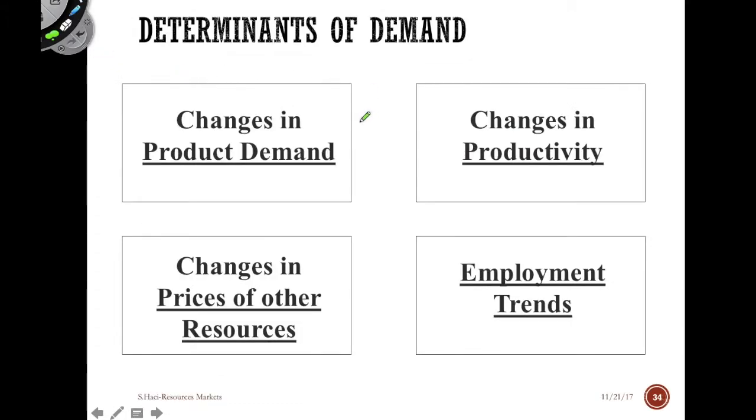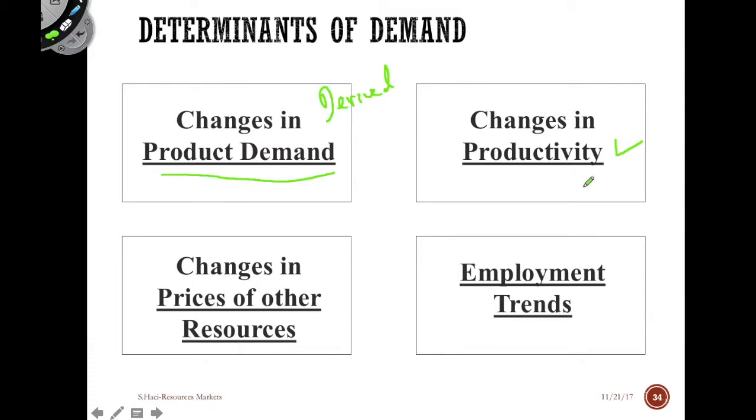The following items can influence the demand for labor. So since the demand for labor is derived, if there's a change in the demand for the product that these resources help produce, then obviously the demand for that resource will increase. Change in productivity also.